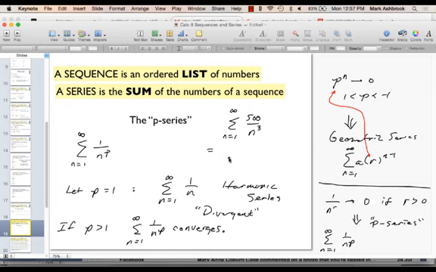What does this equal? 500 over 1, plus 500 over 8, plus 500 over 27, etc.